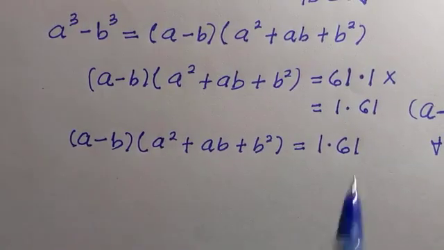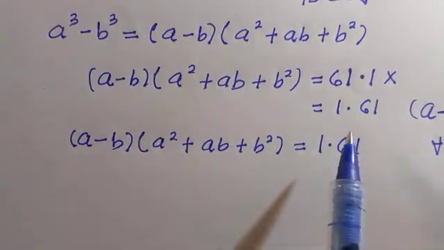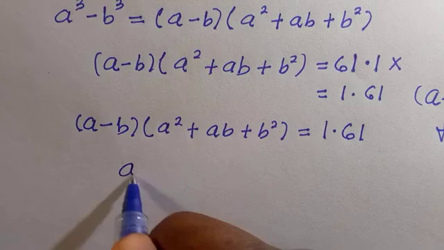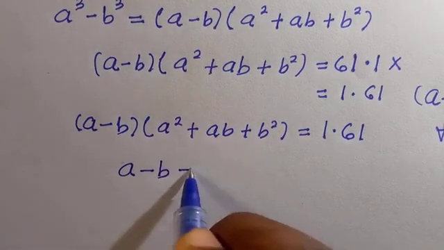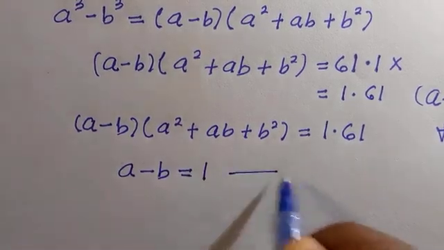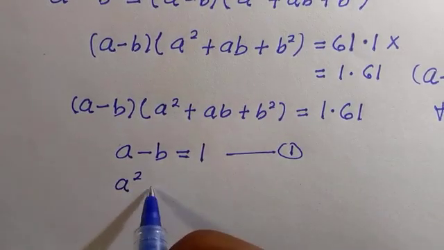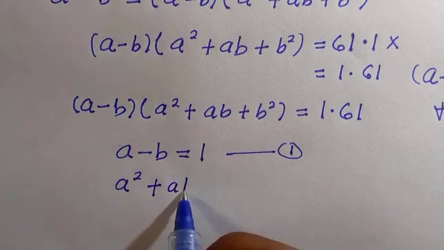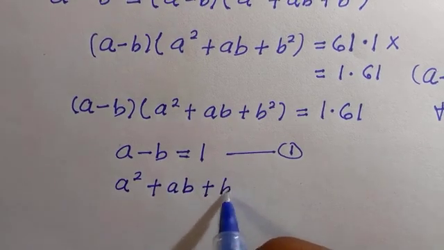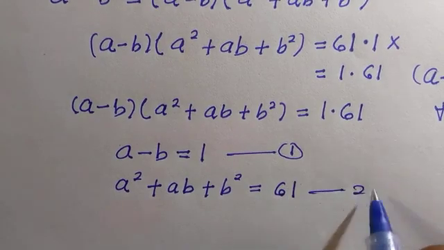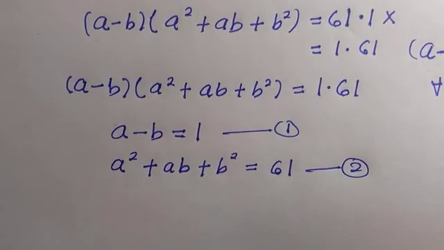Since we let this equal this, the first thing to do is a minus b equals 1, which I consider as equation 1, while a square plus ab plus b square equals 61, which is equation 2.